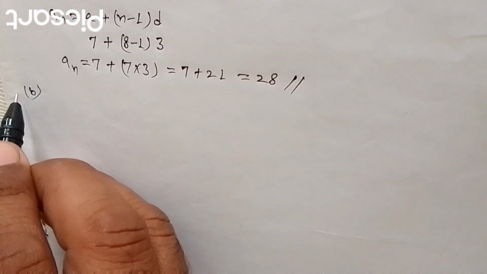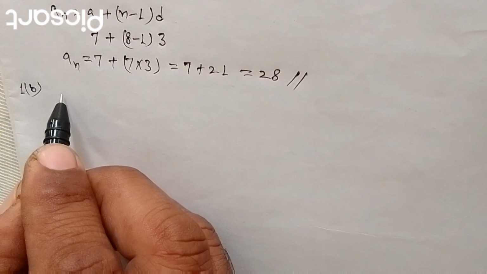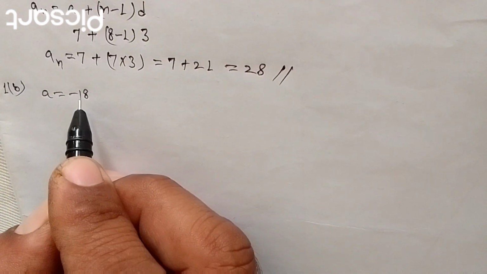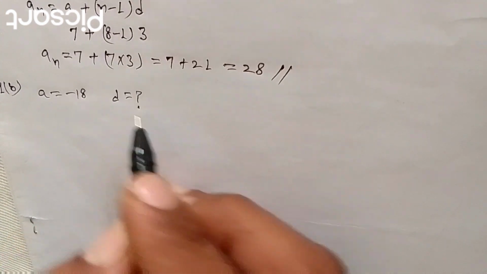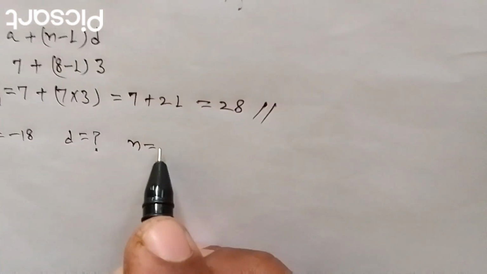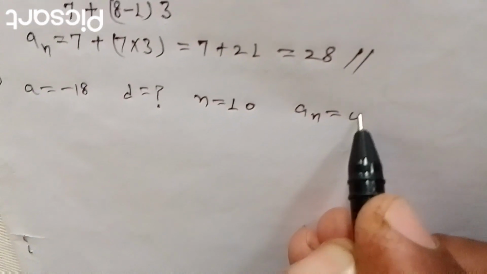Then now part B, in which a is equal to minus 18, the first term, then common difference d we have to calculate, then n number of terms is 10, and an is equal to 0.